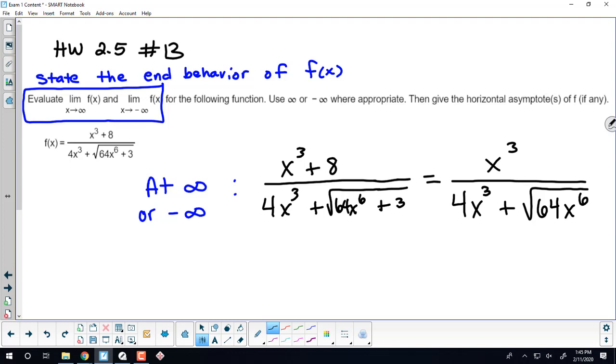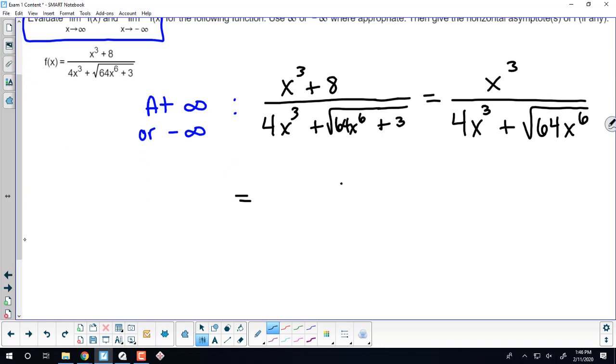And then how does 64x to the 6th, how should that be simplified? This or this? That way. Remember when you take an even root of something and you get that thing to an even power, that's fine.